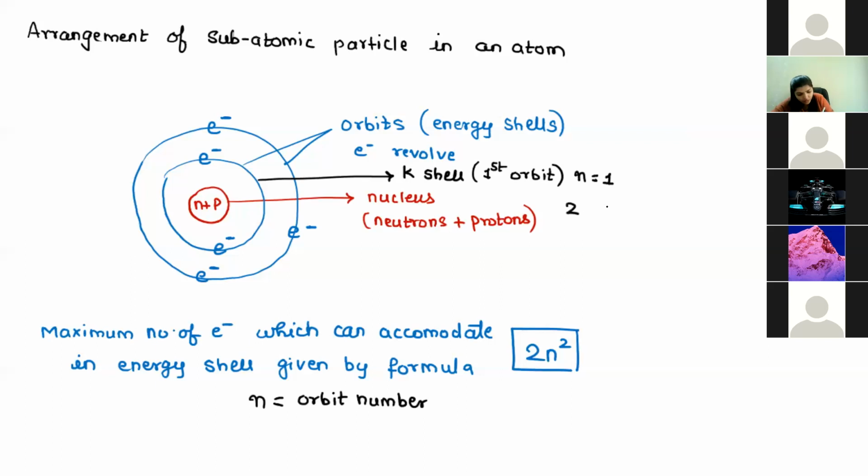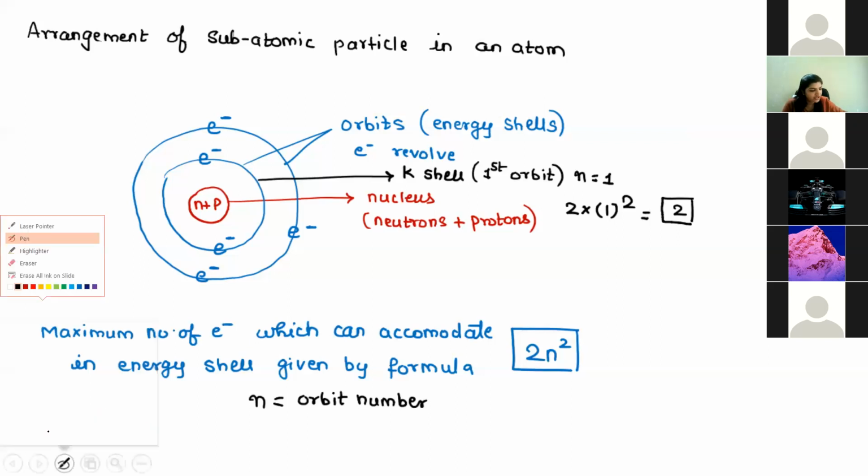So 2 into 1 square. What will be the maximum number of electrons? Maximum number of electrons in the first shell will be 2. You cannot accommodate more than 2 electrons in the first shell. Less is fine, meaning 1 electron can be there, but not more than 2.